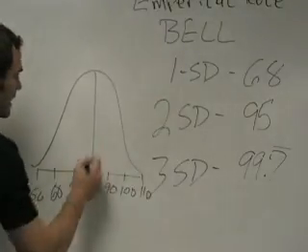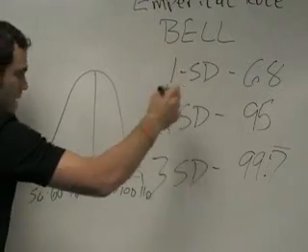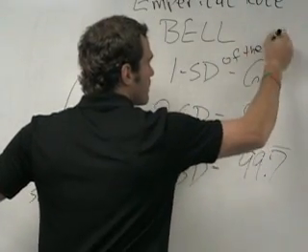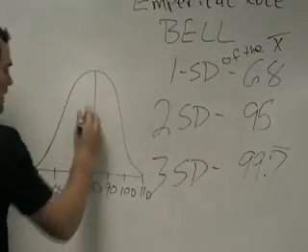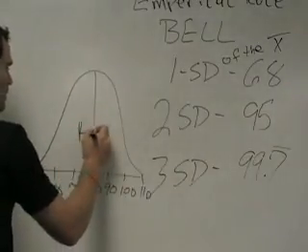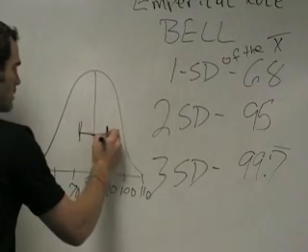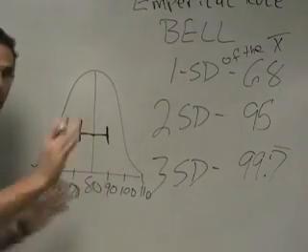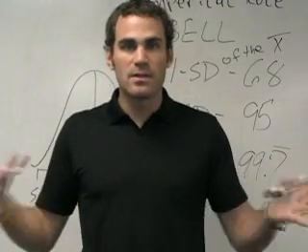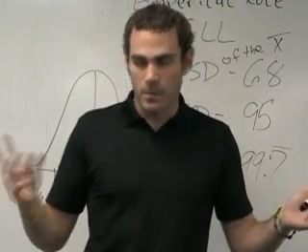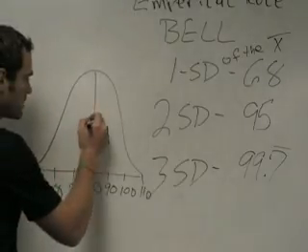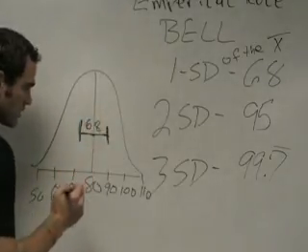Within one standard deviation of the mean, you should think of the x bar, or of the mean. Here's the mean. Within one standard deviation, either way. Within one standard deviation lies 68% of the curve.